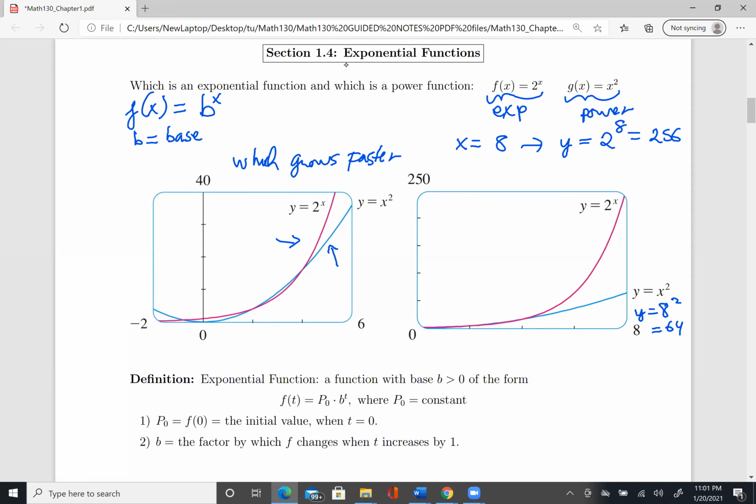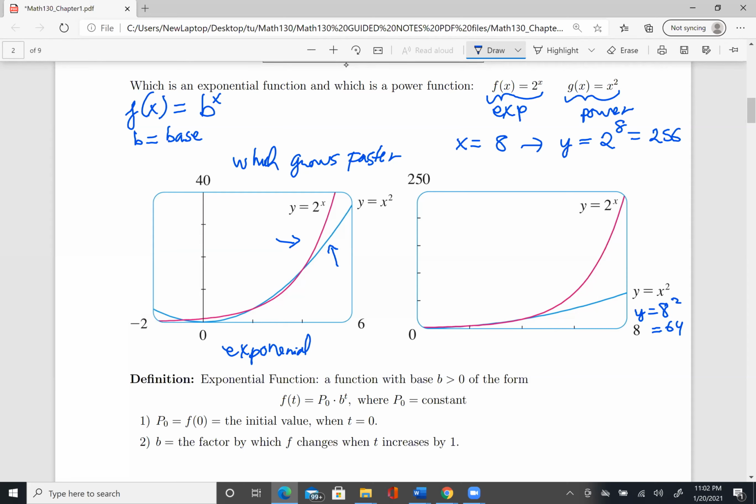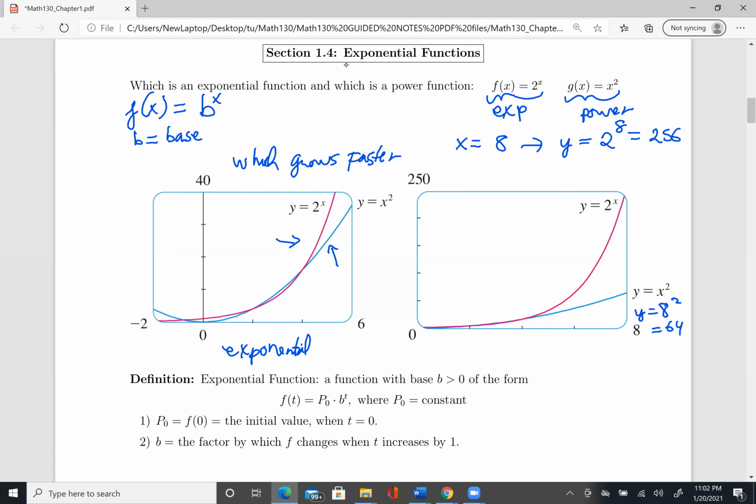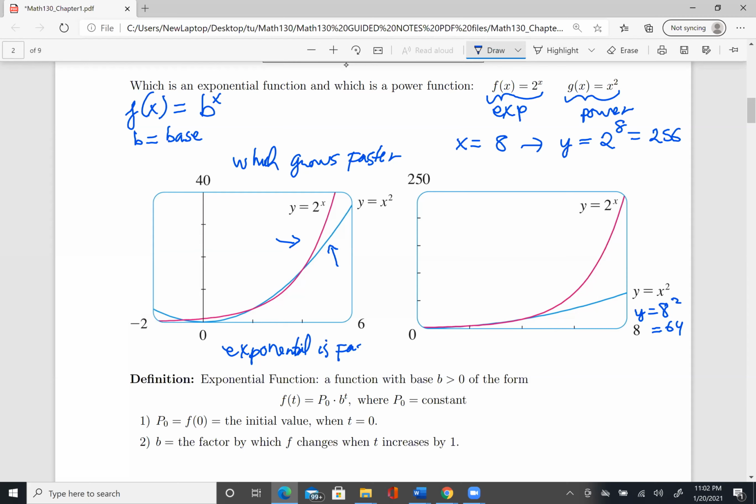So clearly the exponential one is faster.